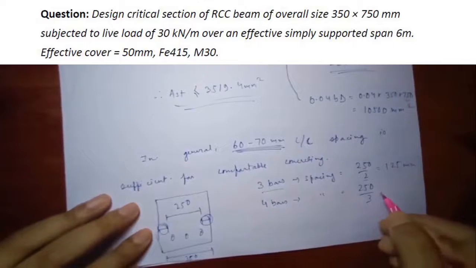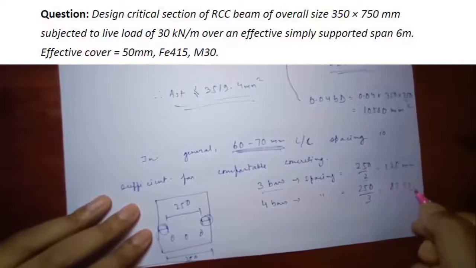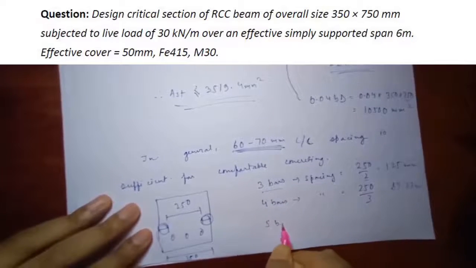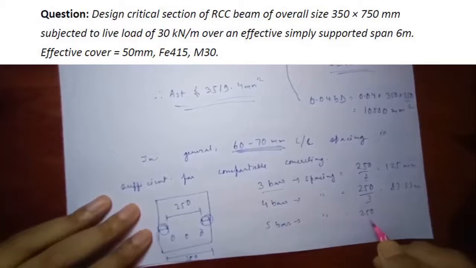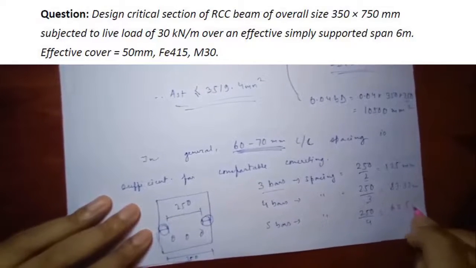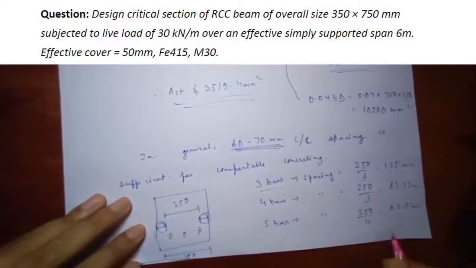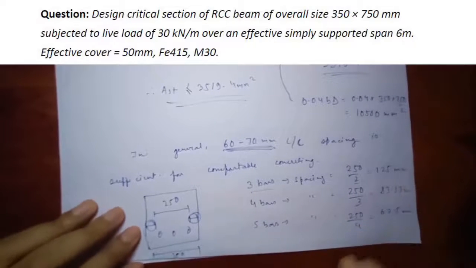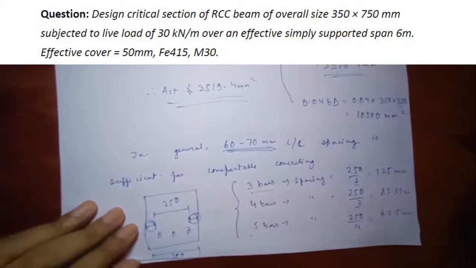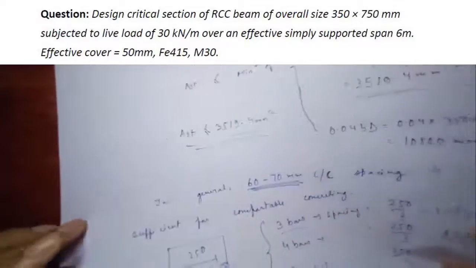So it is 250 by 3, equal to 83.33 mm. 5 bars, the spacing shall be 250 by 4, equal to 62.5 mm. If I use 6 bars, then it will be 250 by 5, which is 50 mm, less than 60 mm. So I will be using either of these 3 combinations for the determination of the AST.